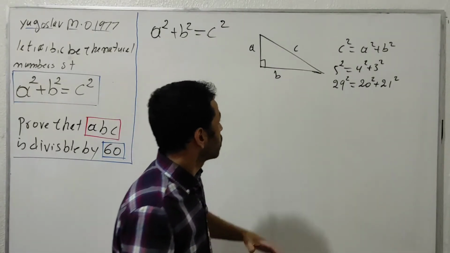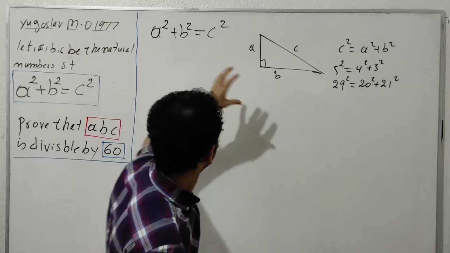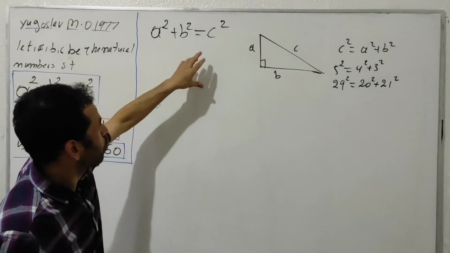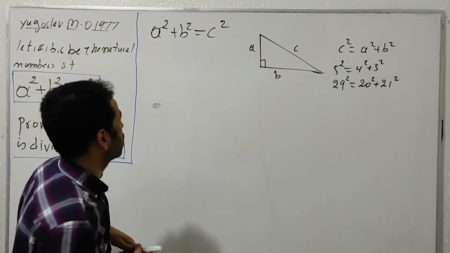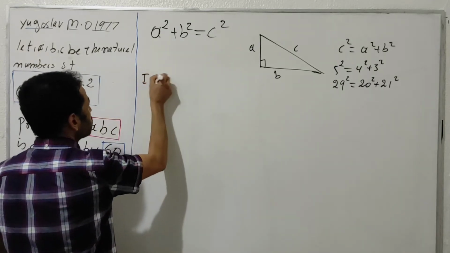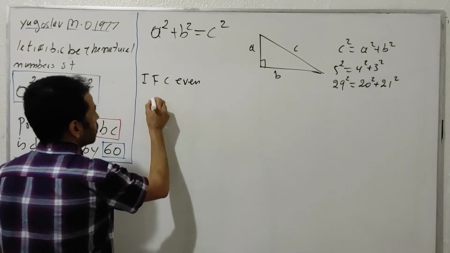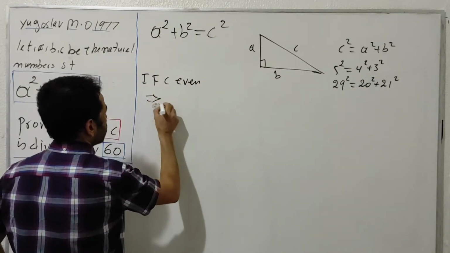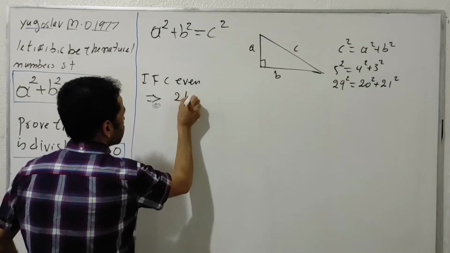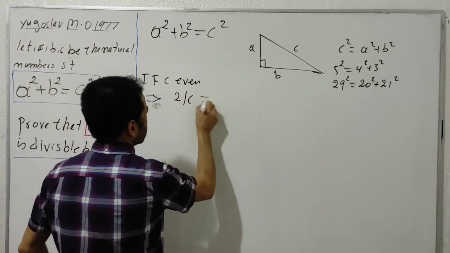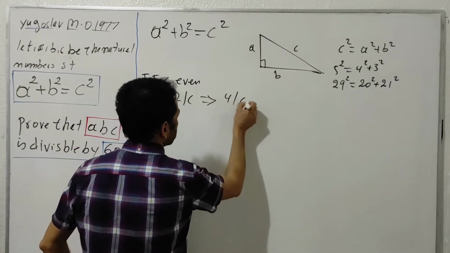Based on this information, I'm going to prove one of the cases. Let's take: if C is even, then 2 divides C, which implies 4 divides C squared.